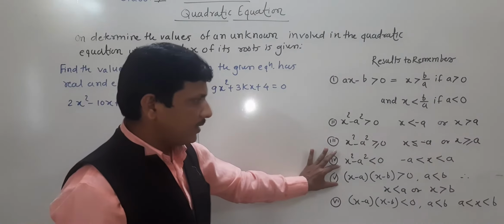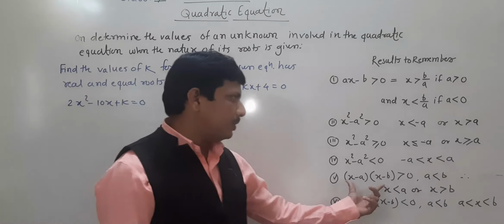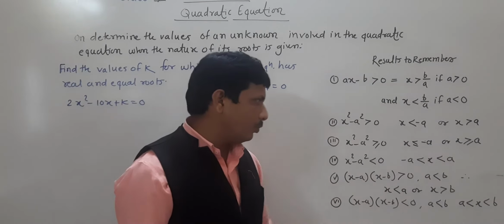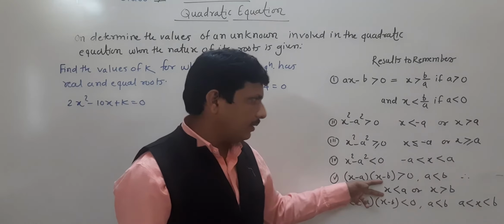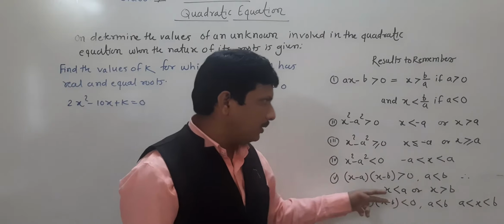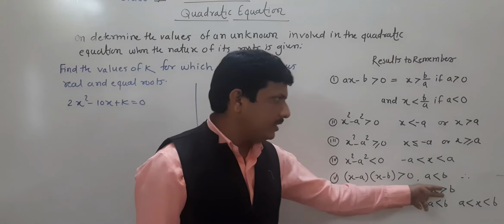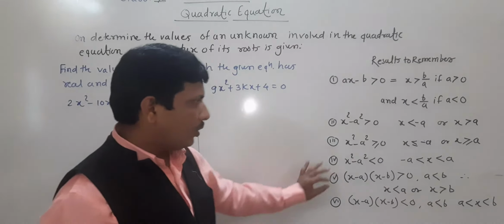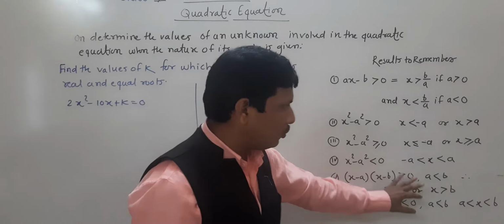Now see, x minus a into x minus b is greater than 0. If a is smaller than b, then x is smaller than a or x is greater than b. See once again, x minus a into x minus b greater than 0.